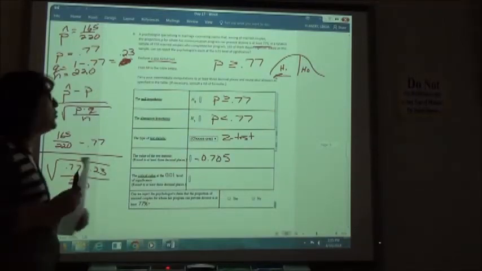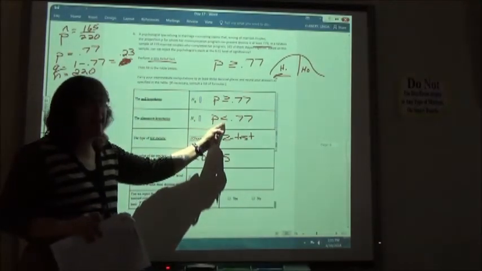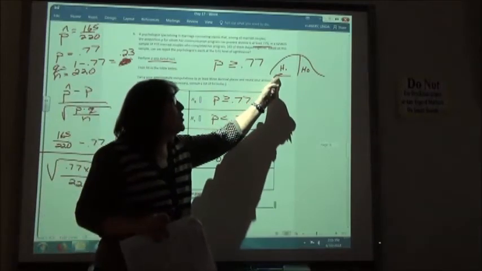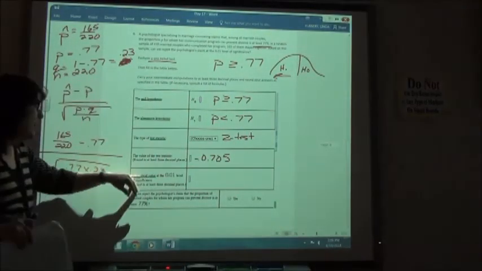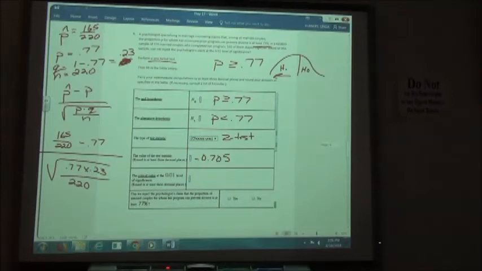So, on this one, the H1 section is the less than. Right? So what we're doing is we're checking the left side. We're doing the left-tailed test. This is our critical value. Whenever it asks for the critical value, that's when you do the Z sub. So we're doing Z sub, but we want the answer to be negative because we're doing the left side and not the right side.